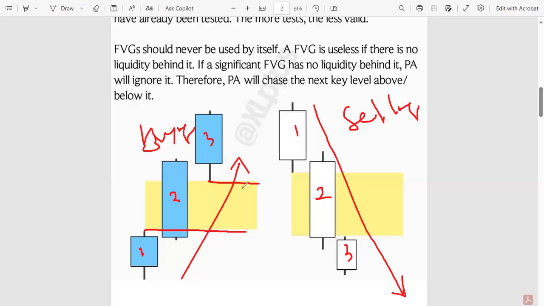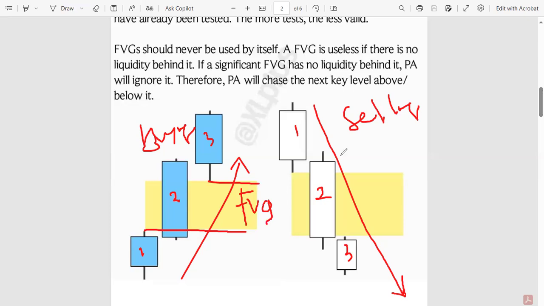If there is a gap like here, this becomes your fair value gap, because the first candle and the third candle are not touching each other. This is your fair value gap, or an imbalance, or an inefficiency, or a displacement area.